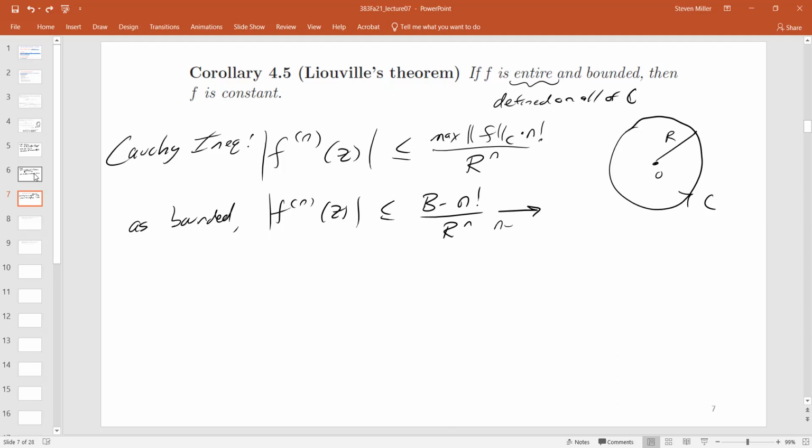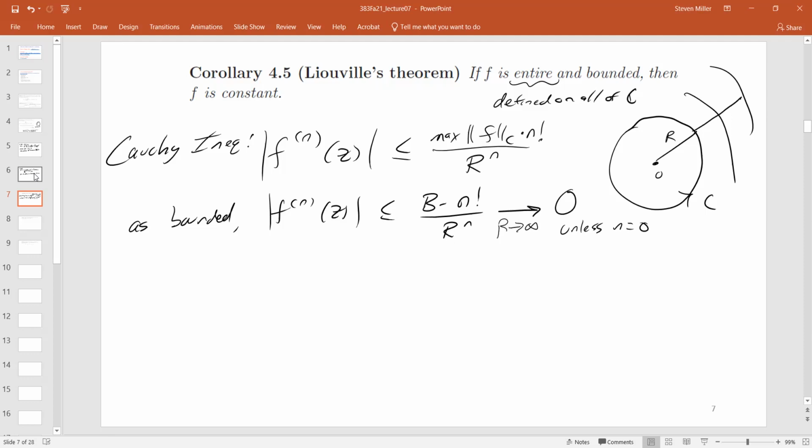I don't want n going to infinity, I want r going to infinity. My fault. As the radius gets larger and larger, what is this going to go to? It goes to 0. Are you sure? Good. So it goes to 0 unless n equals what value? 0.